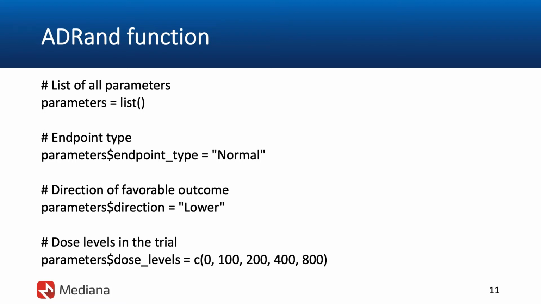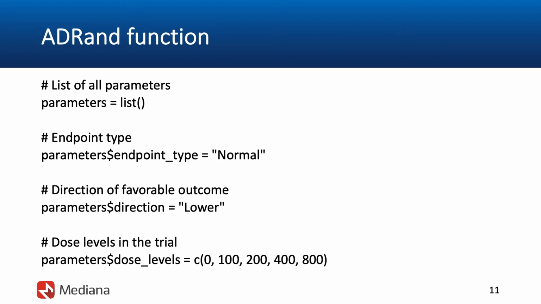Secondly, we specify the direction of favorable effect for the primary endpoint. In this case, this is a key feature of the MADRS total score that will be used in the primary efficacy analysis, that a larger reduction in this total score would indicate a beneficial effect.